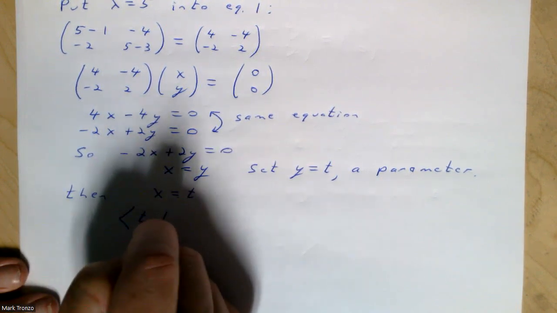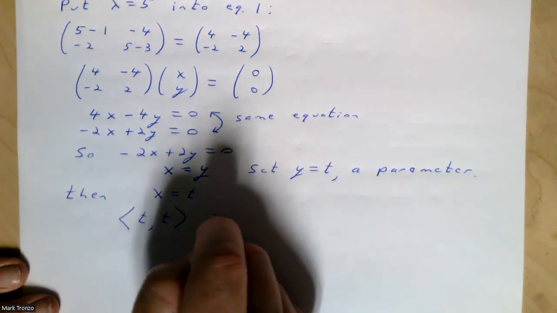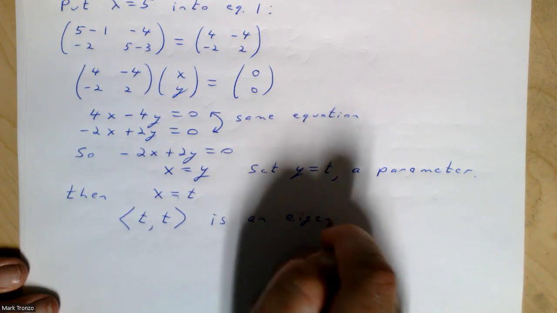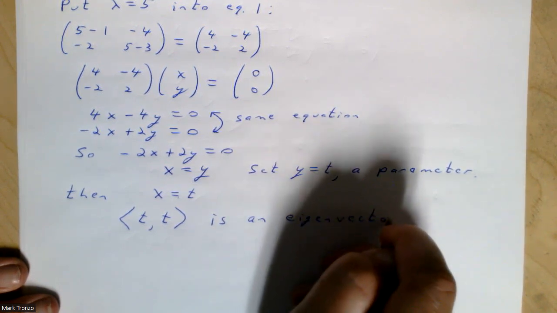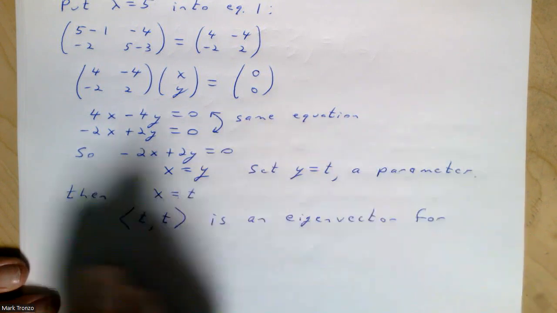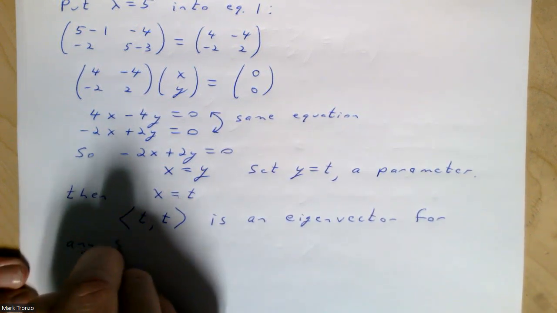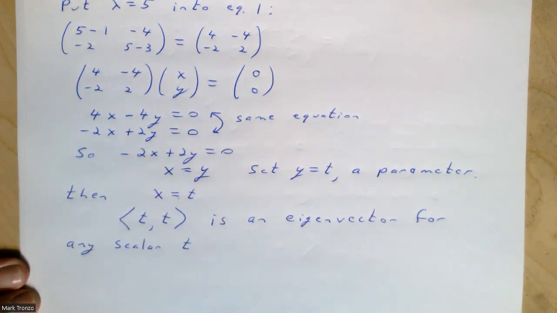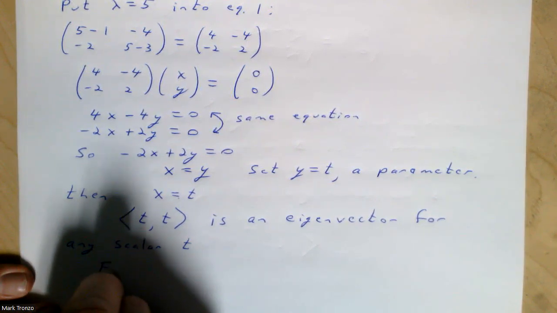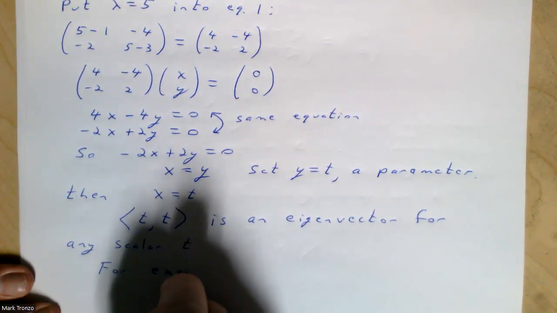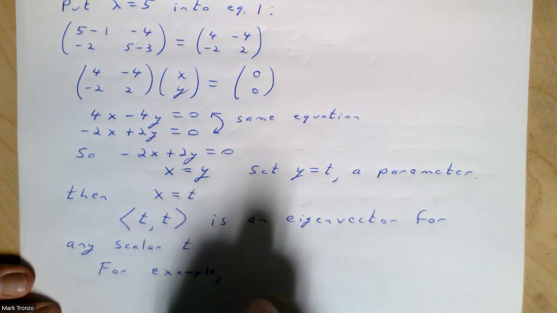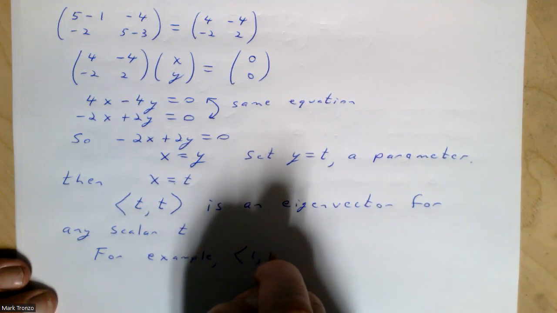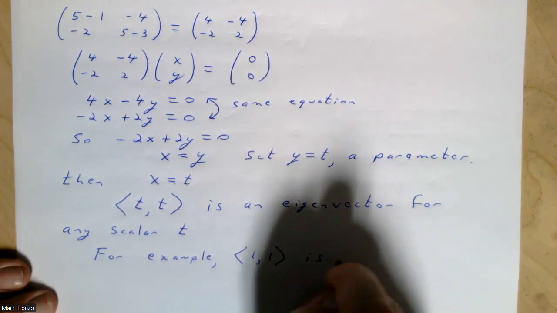So t, t is an eigenvector for any scalar t. Once again, for example, if we use t equal 1, that is an eigenvector.